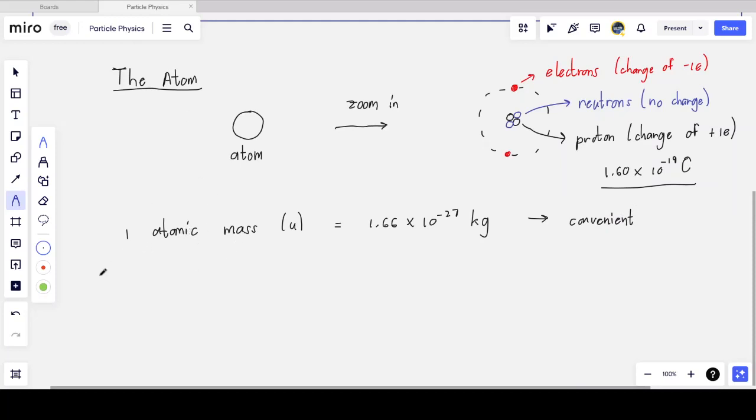So what we can then define is, let's tabulate our particles in terms of their mass and charge. And so we have the proton and neutron, which exist inside the nucleus. Both have roughly the same mass, relatively heavy. The electron is a particle that's extremely light.